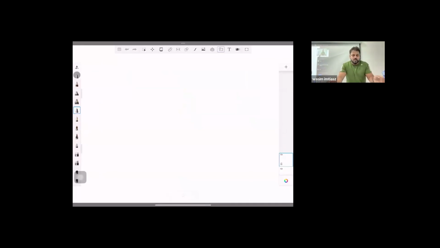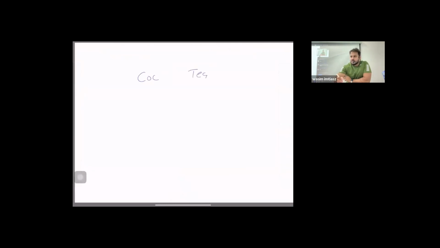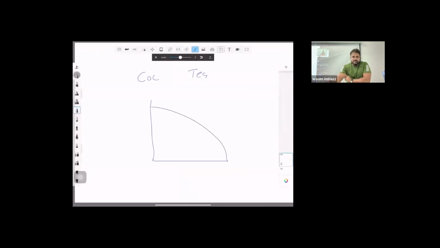The word production possibility curve: the possibilities of producing what? Two goods and services. That's what you call production possibility curve. So for an example, say you are producing two types of goods. What are the two types of goods? We say coconut and tea. Is that clear? So you should be able to show this on what? A curve. Is that clear?